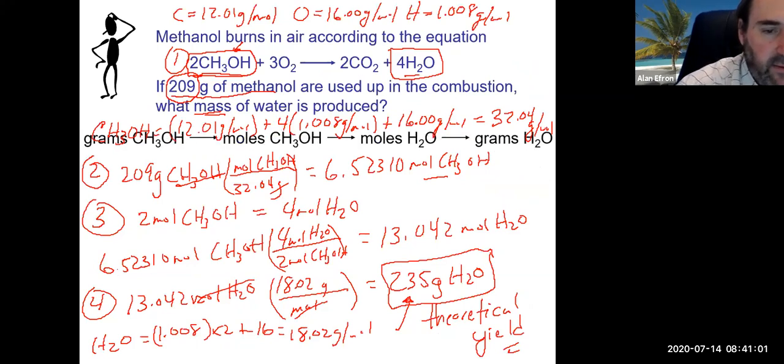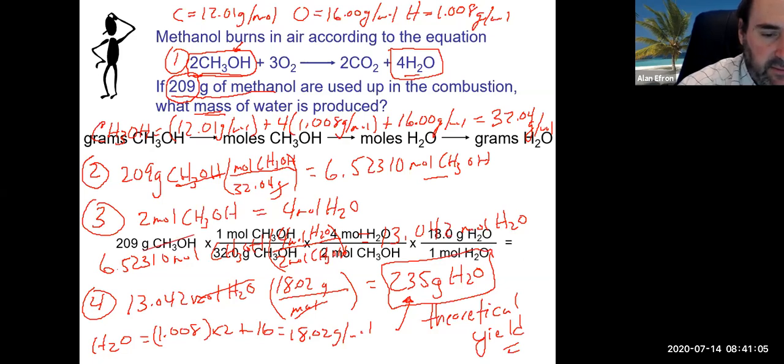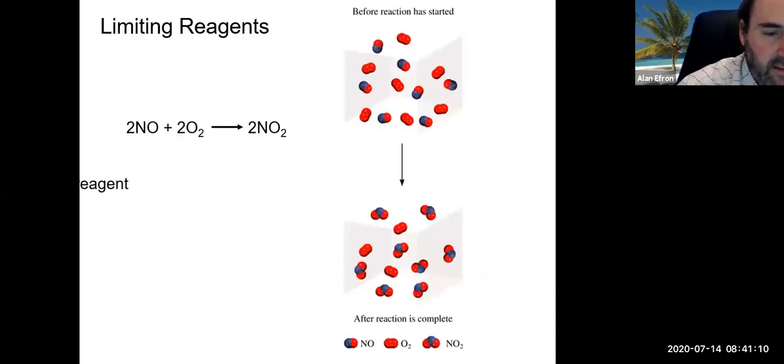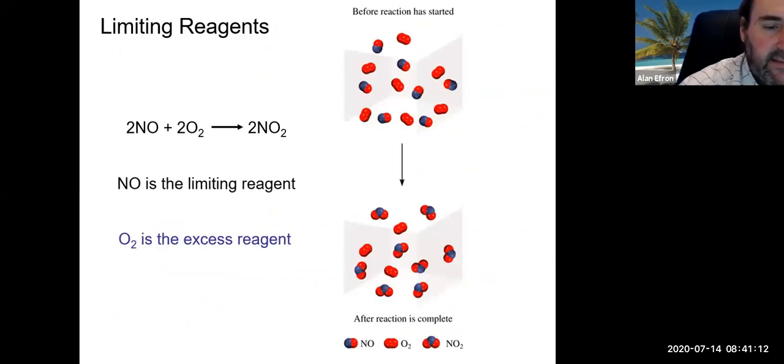Okay, so what we're going to talk about next is a slightly different sort of stoichiometry problem. These are referred to as limiting reagent type problems. Limiting reagent problems occur in stoichiometry because in reality, when you do a reaction, there's usually a reactant that gets used up first.